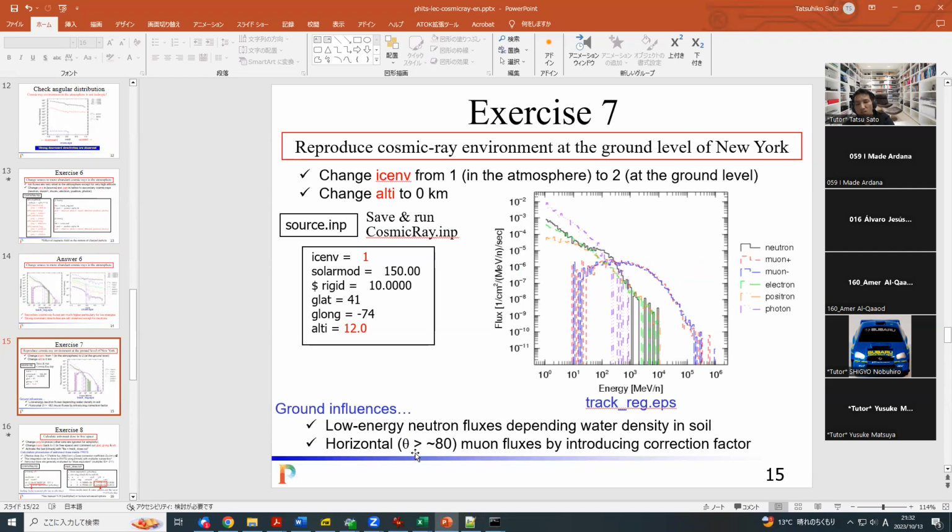Also, the horizontal muon flux is corrected by ground level experimental data. So the high energy muon flux in the horizontal direction also changes when you change ICM from 1 to 2. Other fluxes are the same, not influenced by the ground.